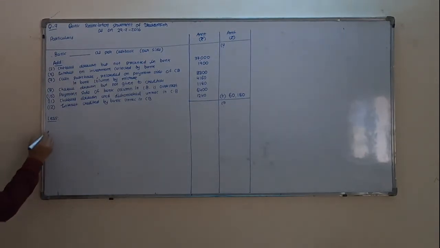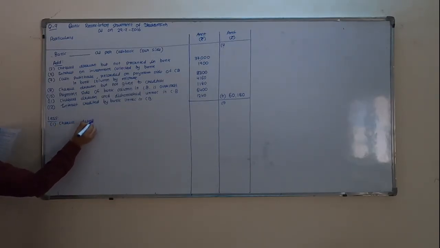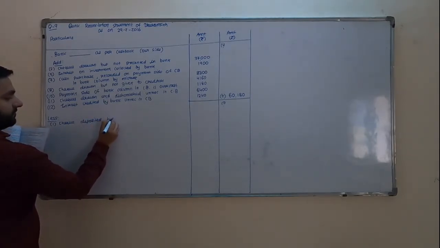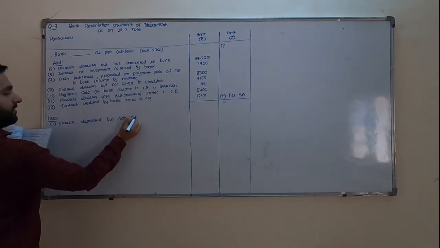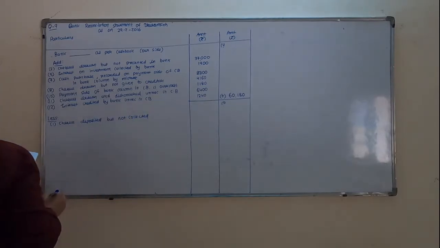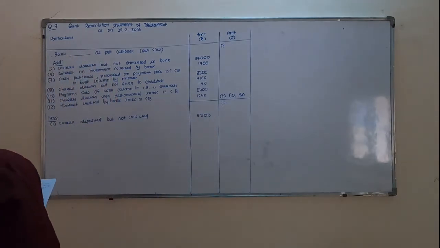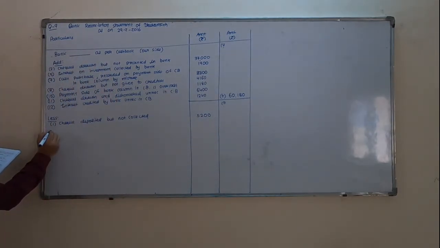Transaction to subtract is number 1. Check deposited but not credited, 5,200. Next transaction to subtract is number 3.